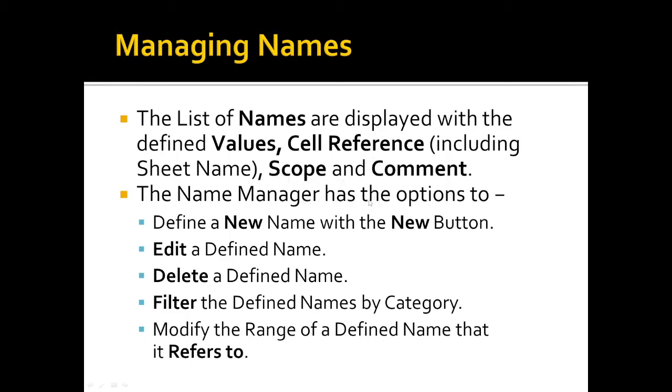The name manager has options too, so we can define a new name with the new button. We can define a name, edit a defined name, delete a defined name, filter the defined names by category, and modify the range that a defined name refers to.